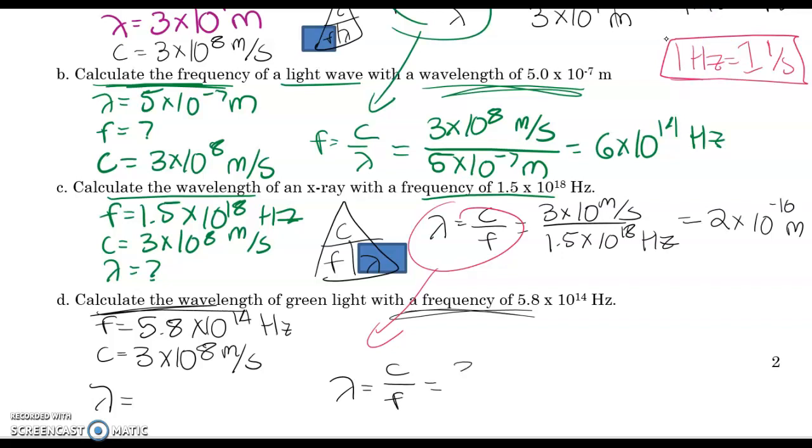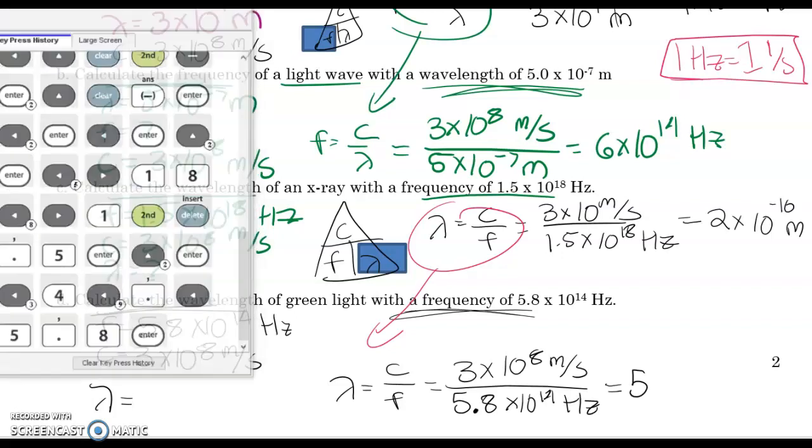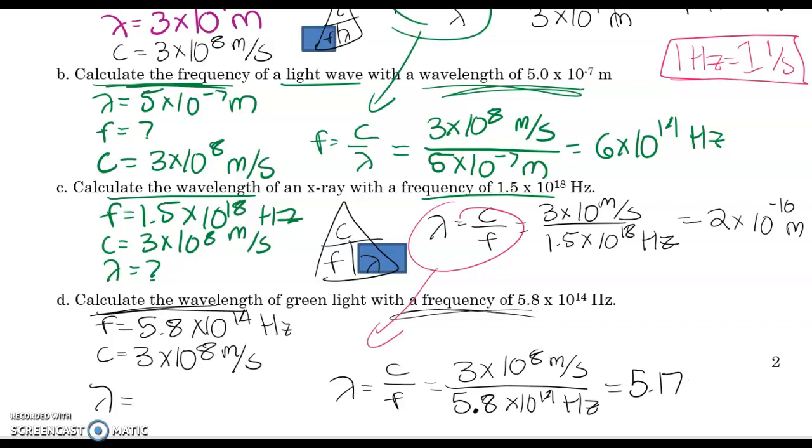I can plug those numbers in: 3 times 10 to the 8th meters per second divided by 5.8 times 10 to the 14 hertz, and I got 5.17 times 10 to the minus 7 meters.